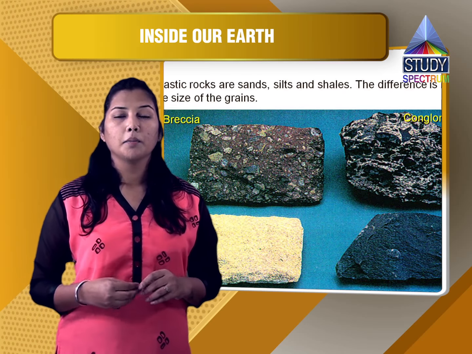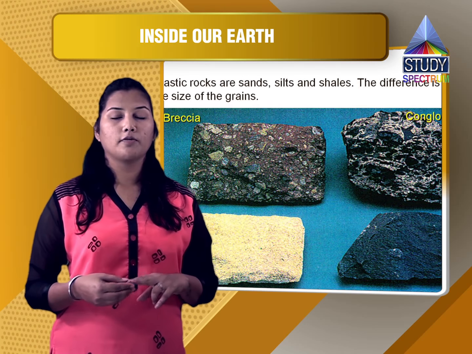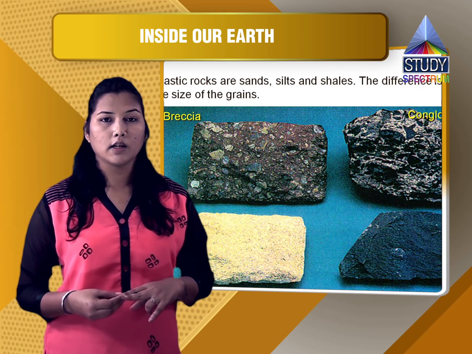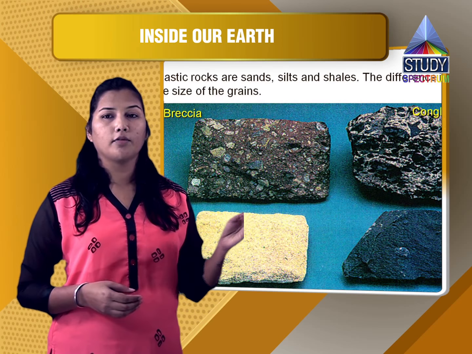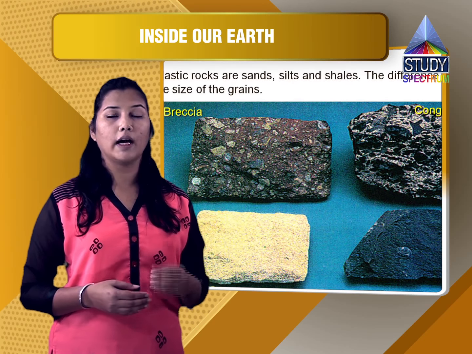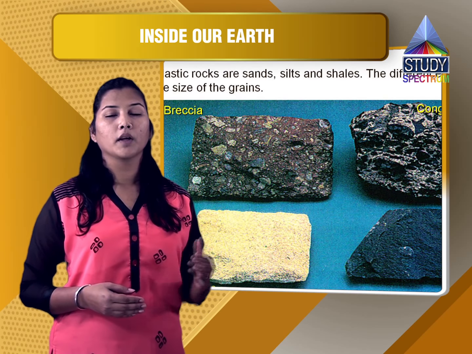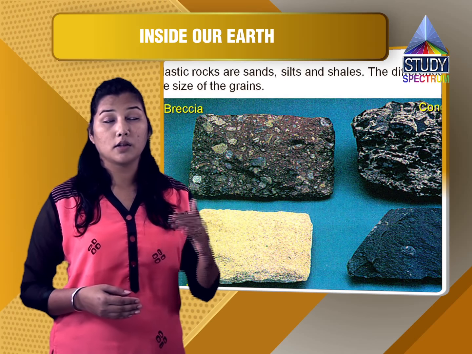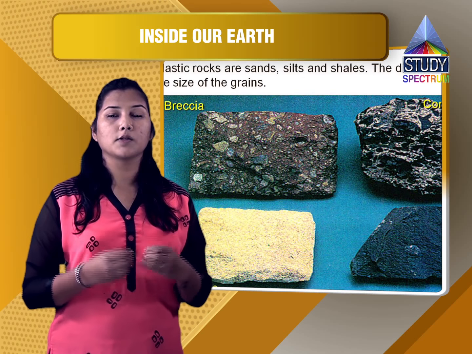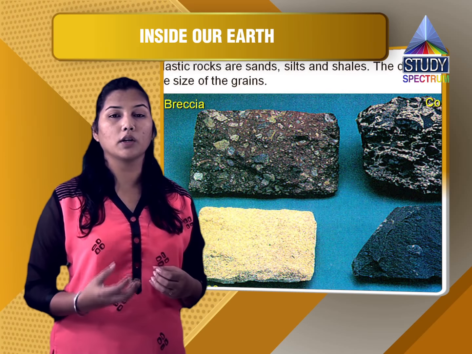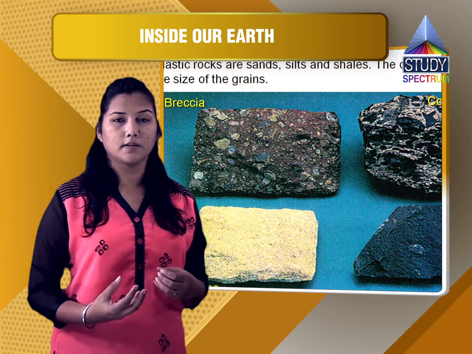In the same manner, because of heat, because of water, all these things, the rocks actually crack. When they crack, they fall down or they hit each other and they crack down. They just break down to form small particles, small fragments, and this is what is called as sediments.